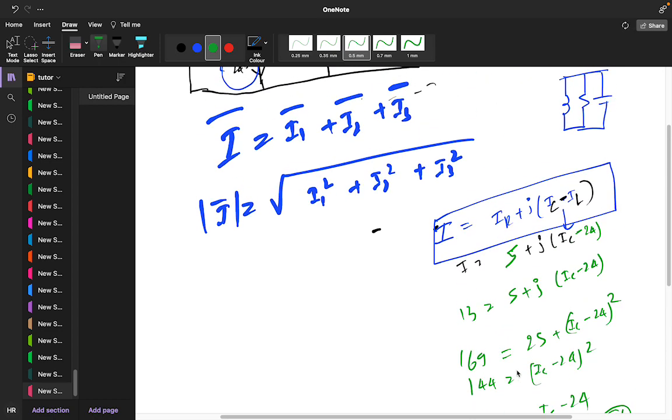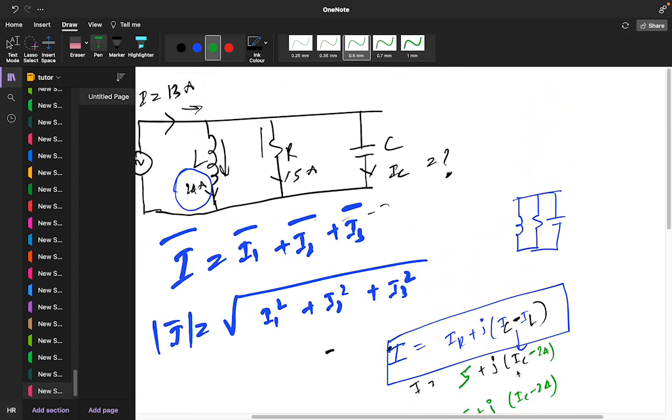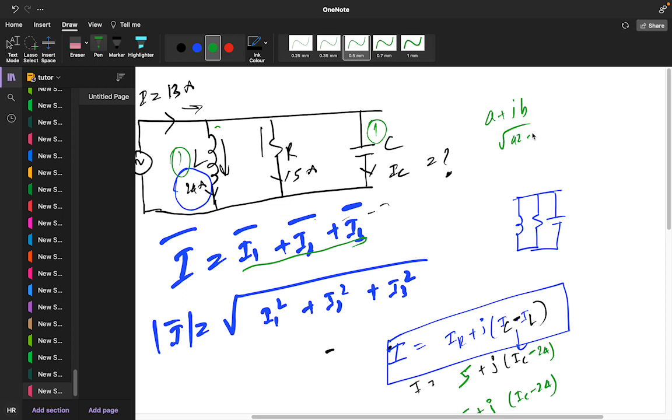So we are getting it like this. You have to consider the inductor and capacitor, because each will also have a j term, so you cannot simply add them directly. The formula is valid for A plus jB, root under A square plus B square, and here if you take the common factor, you will get the IC minus IL term.